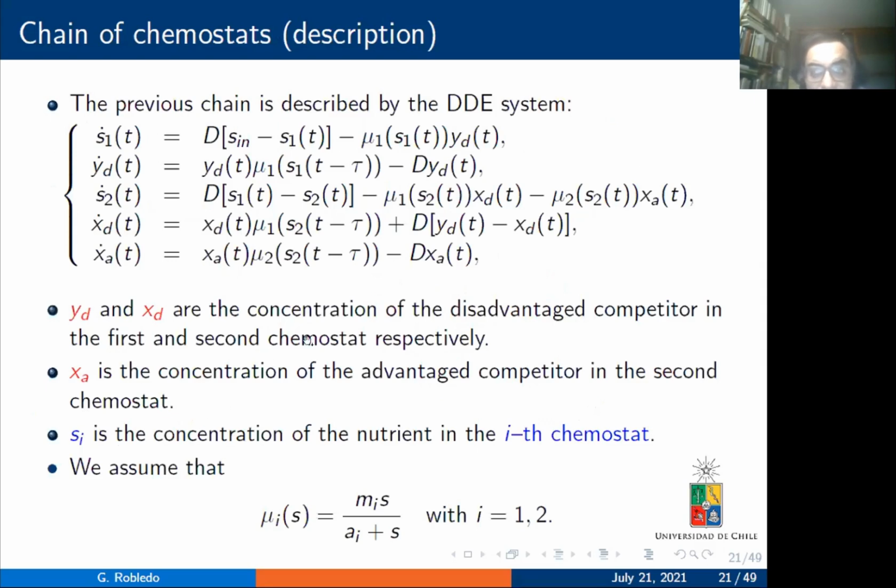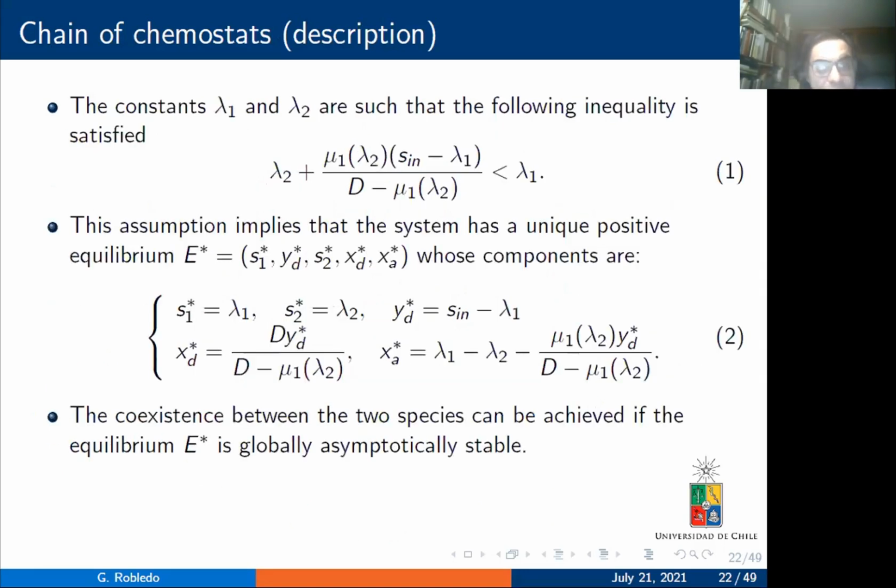We also assume that the growth functions mu1 and mu2 are of this type, which we have seen is the Monod function. In addition, we will assume that the break-even concentrations, lambda1 and lambda2, are such that the following inequality is satisfied.